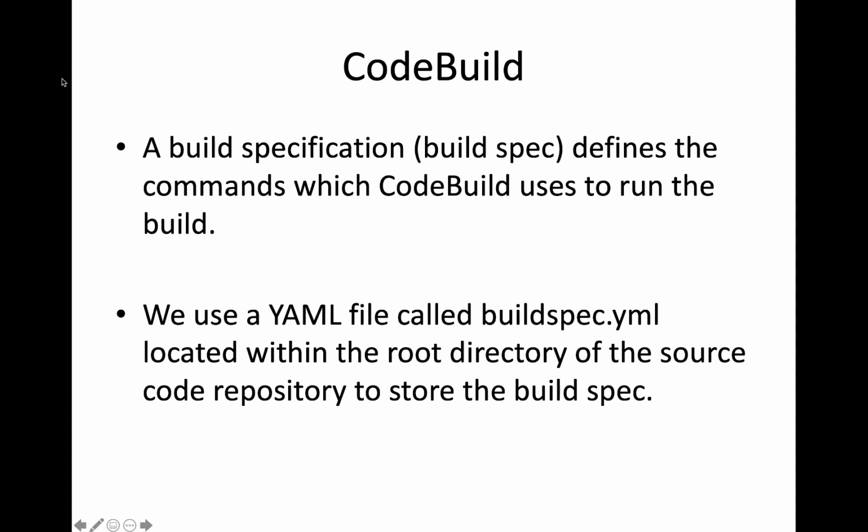The cool thing about the buildspec YAML file is that it lives right alongside your application code in the exact same code repository. When CodeBuild creates an environment and clones your repository, it will look for this buildspec.yaml file at the root of your repository, and then it will use the commands in that file to actually build your application.